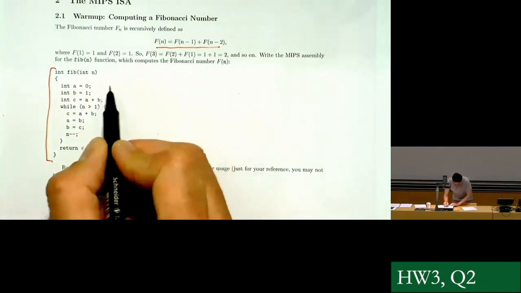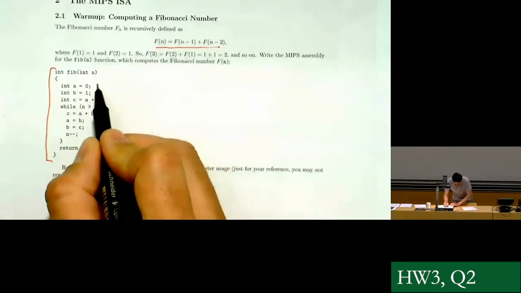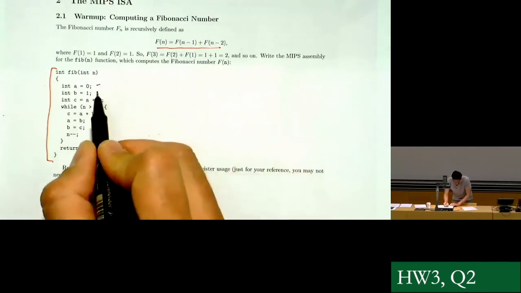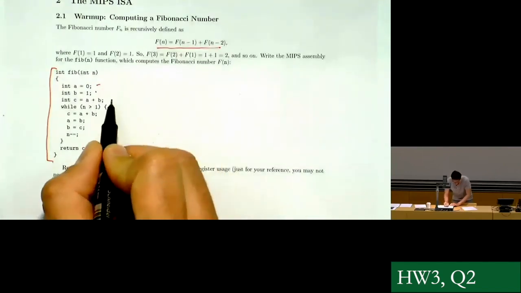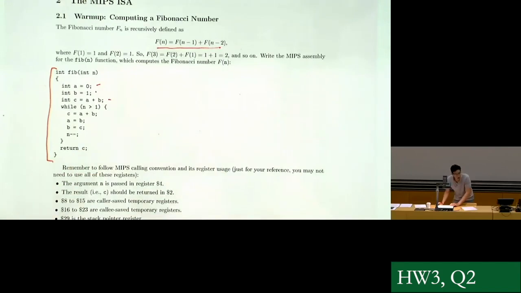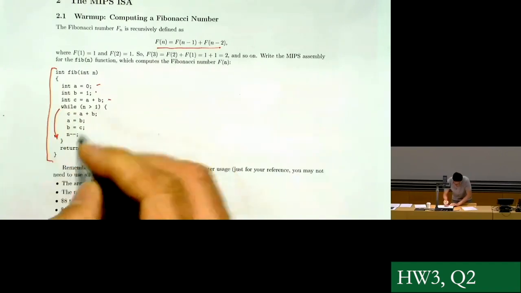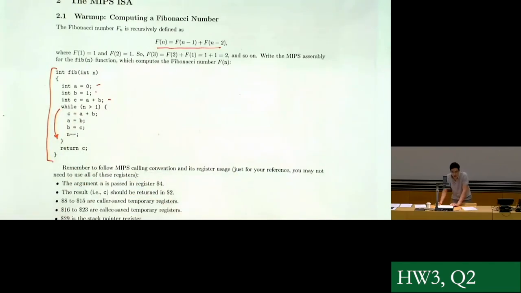As you can see, we have 3 variables. A is originally equal to 0, B is equal to 1, and this is C, that is equal to A plus B. And then we get into this while loop that will be repeated n minus 1 times.